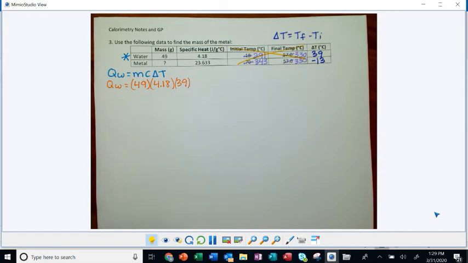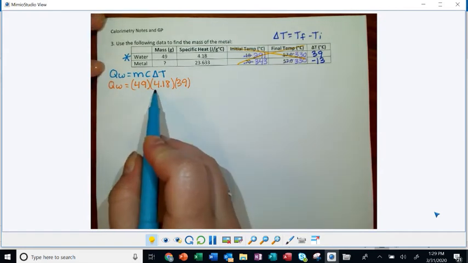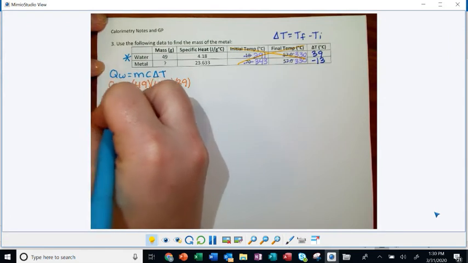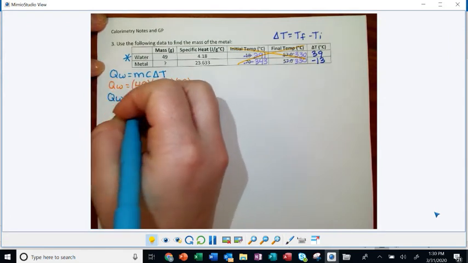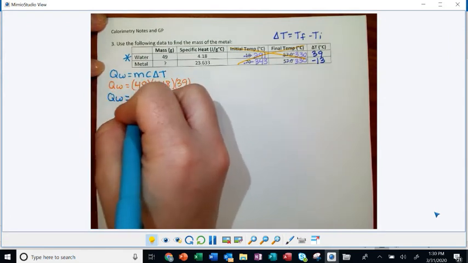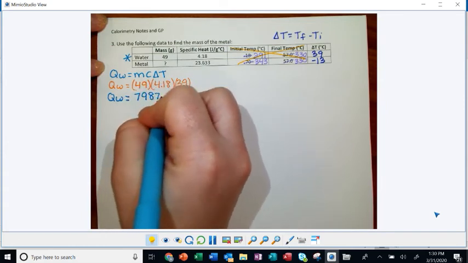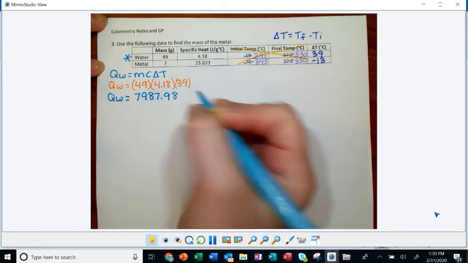We're going to plug all these numbers into our calculator and multiply them together. And when we do that, you get Q of the water is equal to 7,987.98.